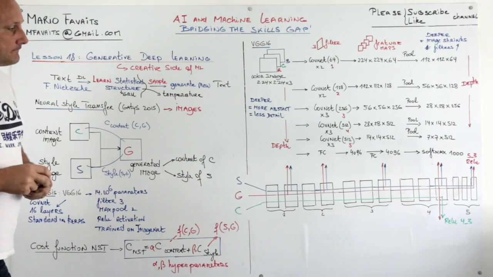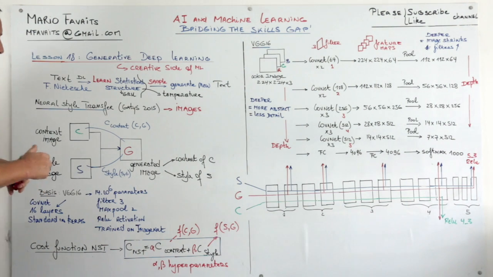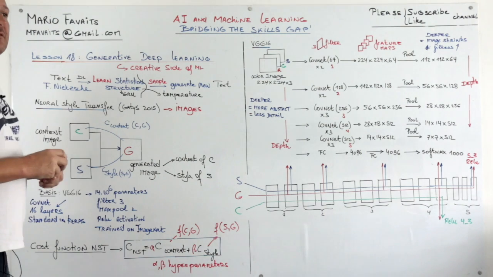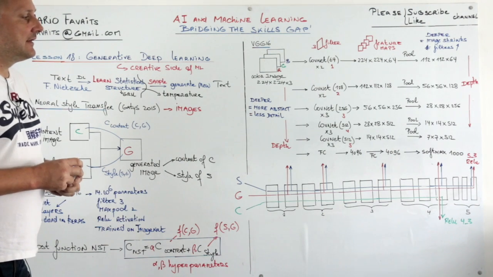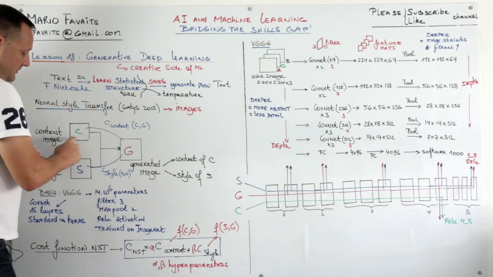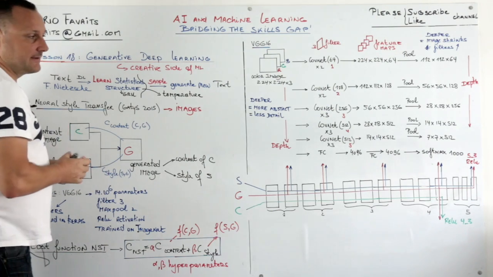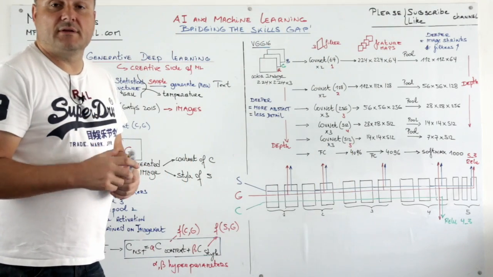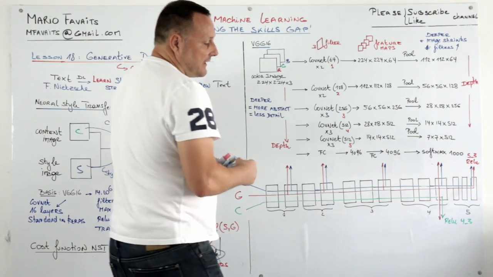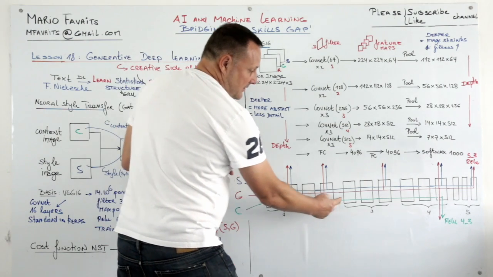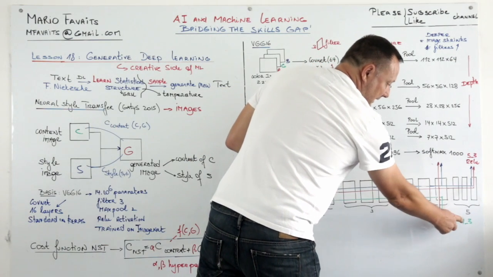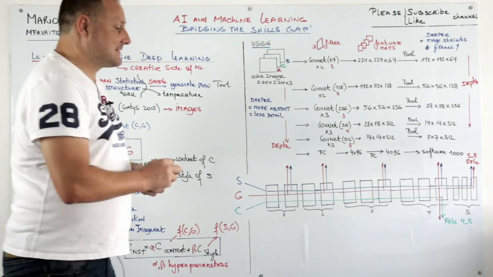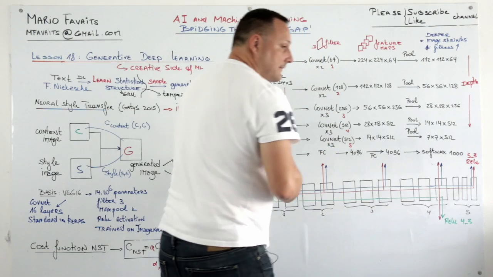Now, if we want to preserve the content, we can intuitively find out that the signal to tap into is going to be a signal in the deeper layers. And we only need to tap from one layer. In our case, this is the green line here, all the way to block 4, layer 3, where we have the ReLU. That's the signal we're going to tap for content.